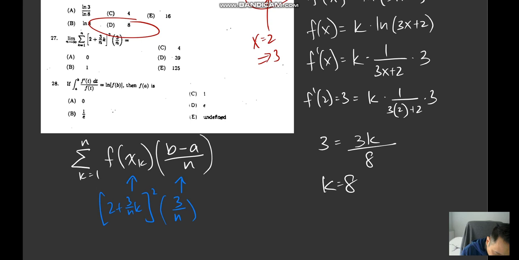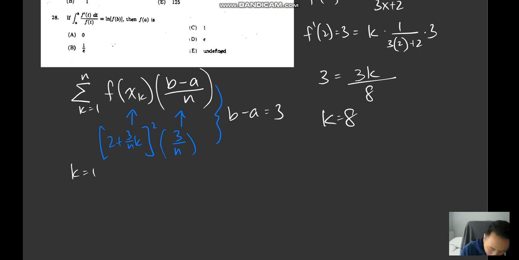Based on this information, I have b minus a equals 3, so the difference between your lower and upper limit is going to be 3. Now let's investigate what's going on in the very first term, k equals 1. I'm going to get my first term, which I'll call x1.